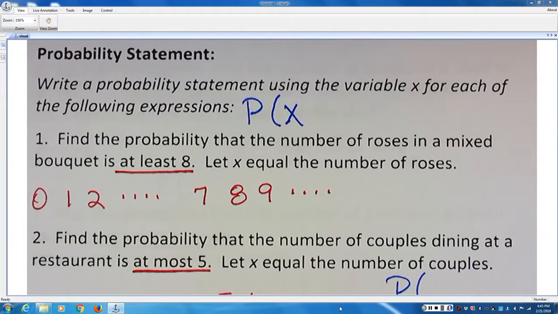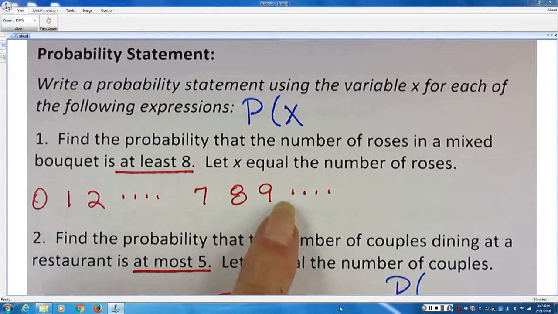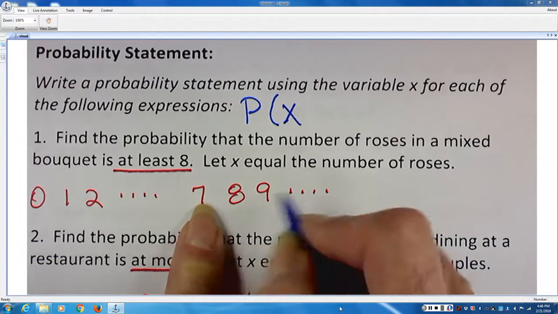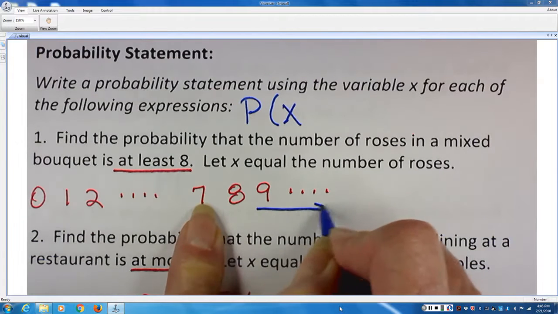Is that the top number or is it the bottom number? And if you can't do it any other way, if you have 9, do you have at least 8? Yeah. If you have 7, do you have at least 8? No. So it's going that direction.